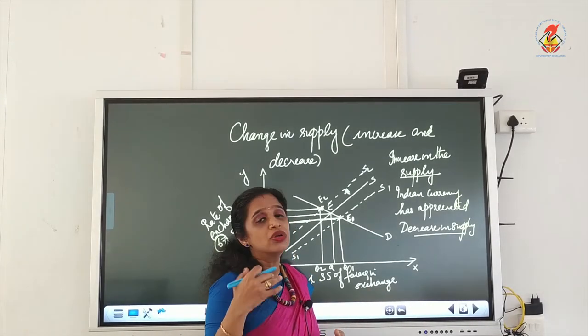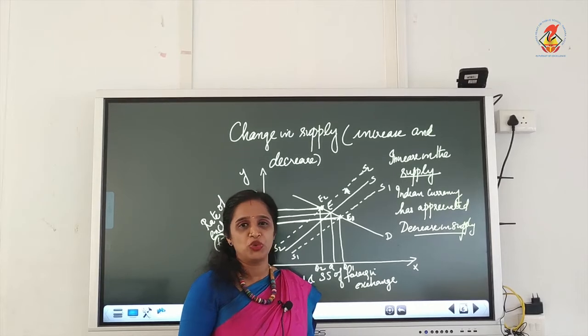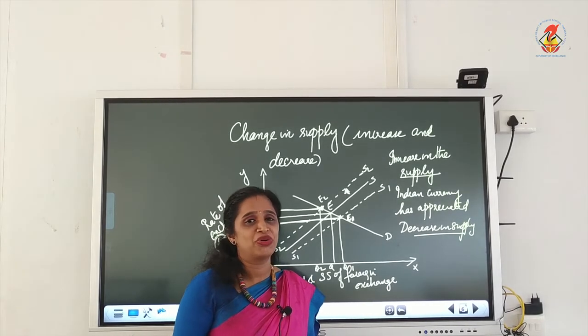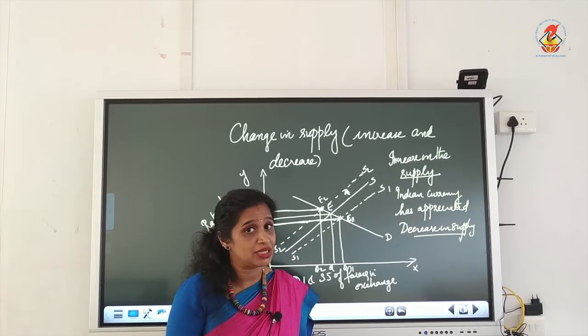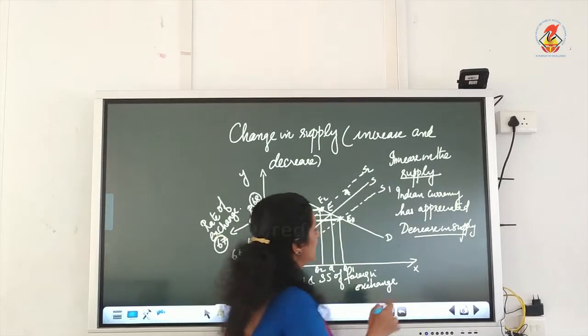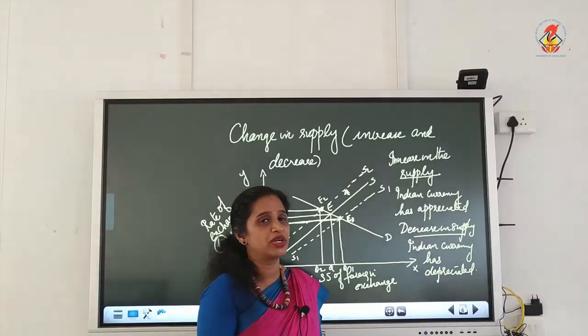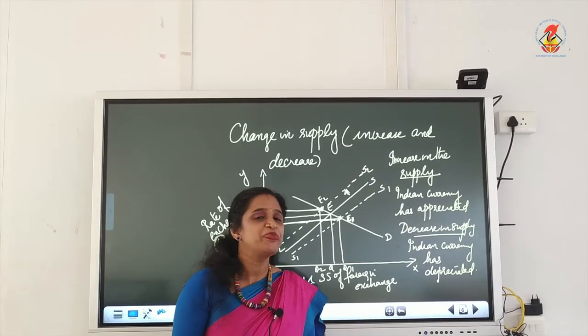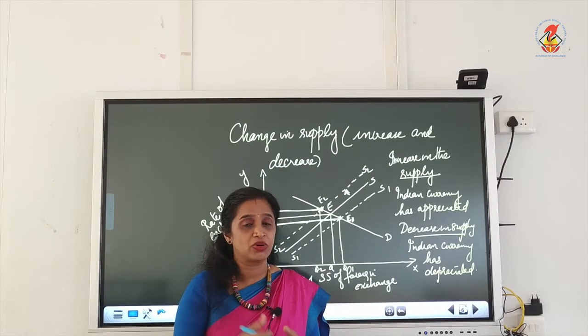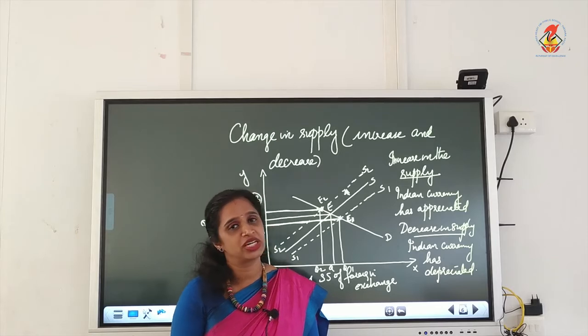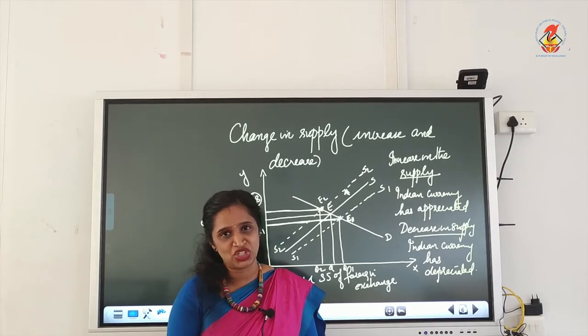That means now the goods are available from USA only at $1 equal to 68 rupees. Therefore, Indian currency has depreciated. If Indian currency has depreciated, you should understand the US dollar has appreciated. So this is about the appreciation and depreciation of currency caused by the change in the demand and supply.